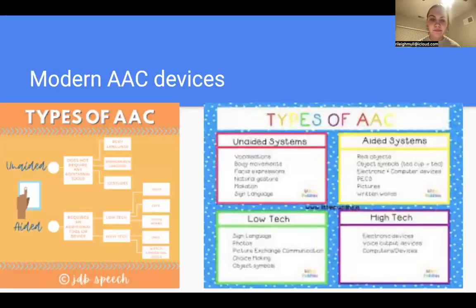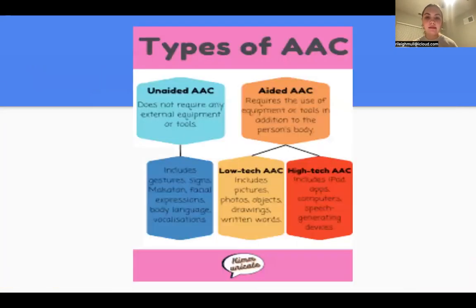Okay, so now modern AAC devices. Like I discussed earlier, there are so many different types: unaided, aided, low tech, high tech. These are different diagrams, and this is a really good diagram as well. I actually took a course that talked about AAC devices in depth, and what device you use is a very individualized choice.